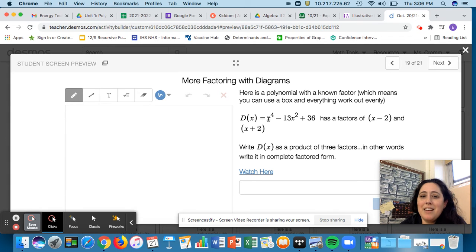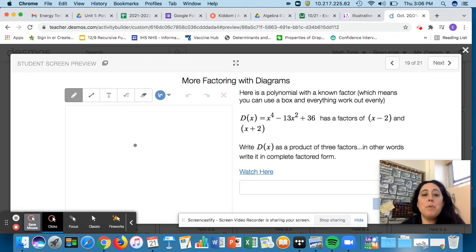Another thing to notice is that it goes from x to the fourth to x squared. The fact that I don't have an x to the third term means that x to the third spot will cancel out, just like it did in one of our previous problems.